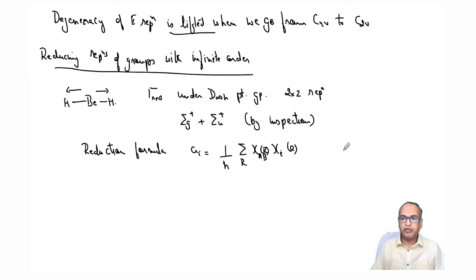Now if you have an infinite order point group, then you will have infinity to divide by, so the whole thing goes to 0.